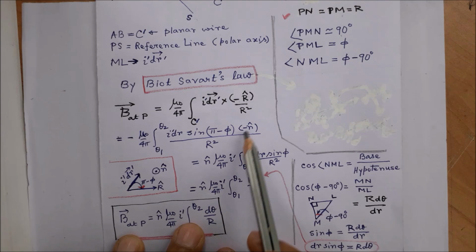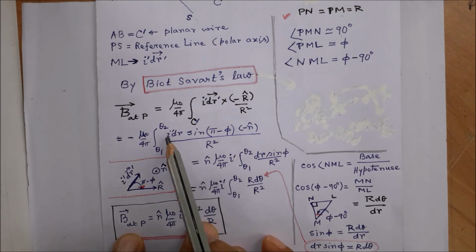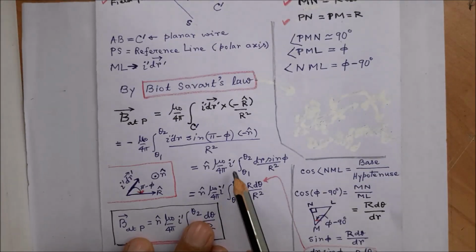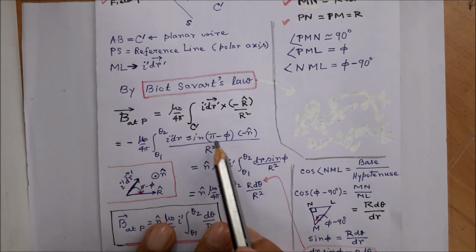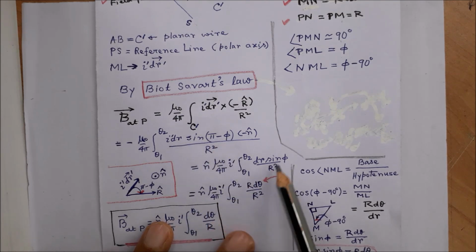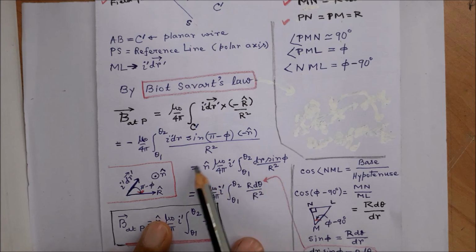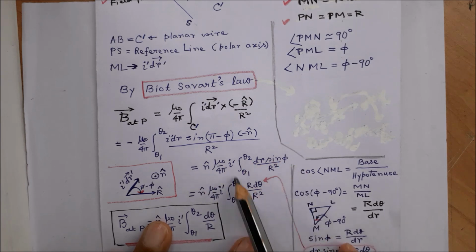So we have n cap here, mu 0 by 4 pi. I prime is a constant current that flows through this wire, and therefore I prime can be taken outside, and we have simply dr prime, sine of pi minus phi is sine phi, over r square. So we end up with this result.